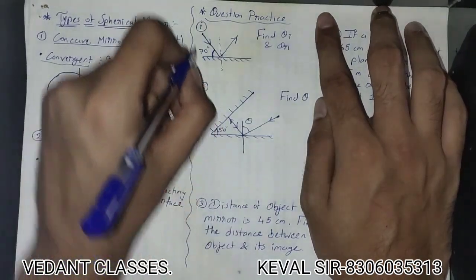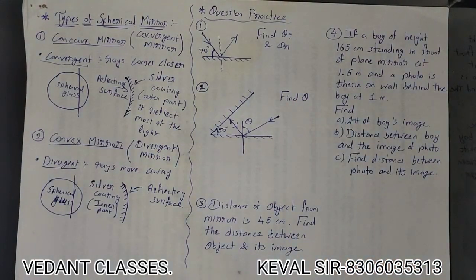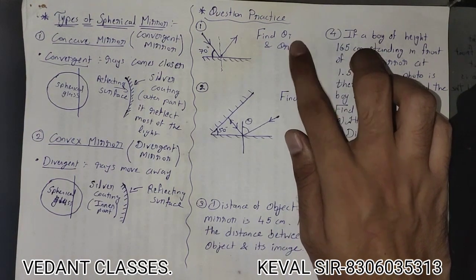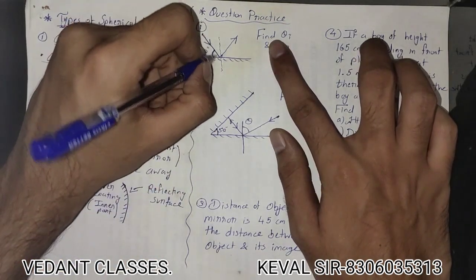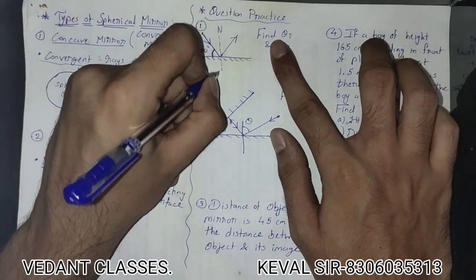If you have not seen the previous lecture, please visit it: search for class 10 physics within classes, and you will get lecture number 1. There we have seen that theta i and theta r will always be equal, and the angle must always be measured with the normal. This is the surface of the mirror, and this is our normal.